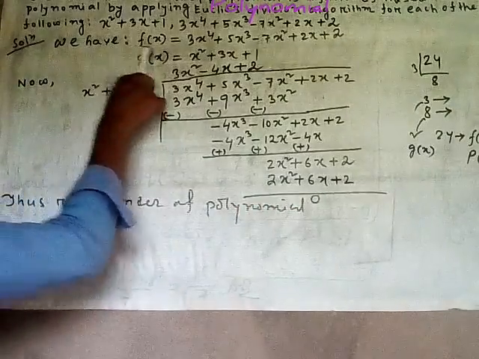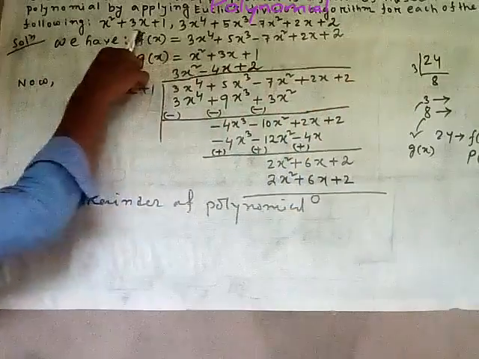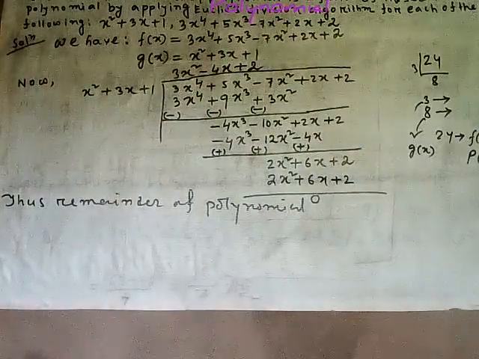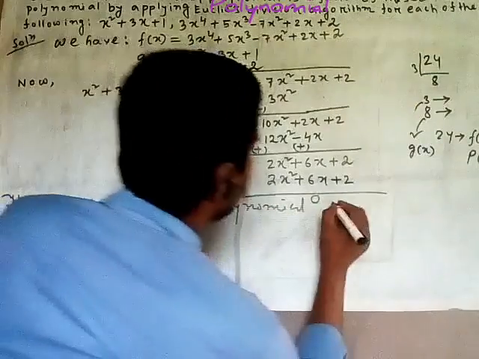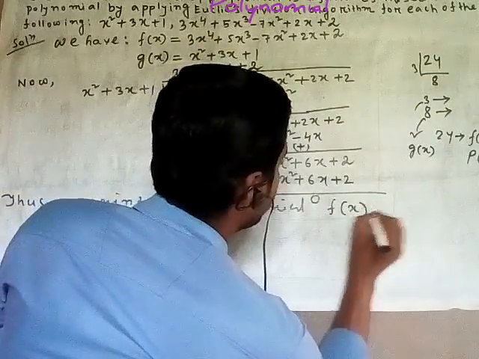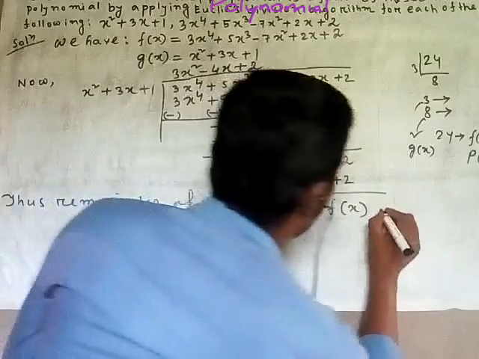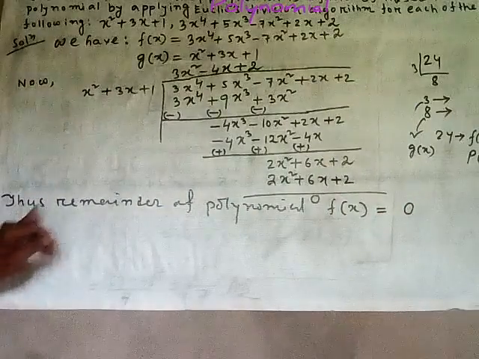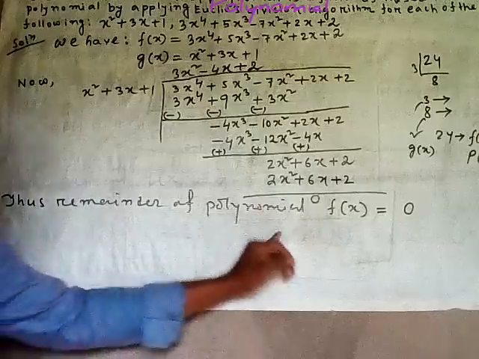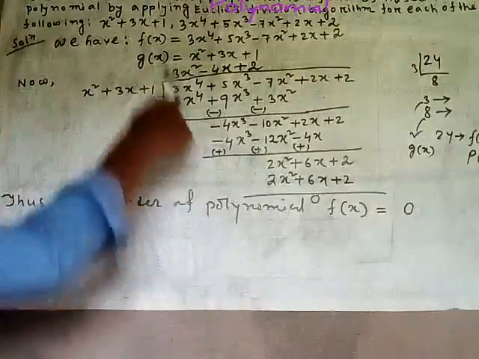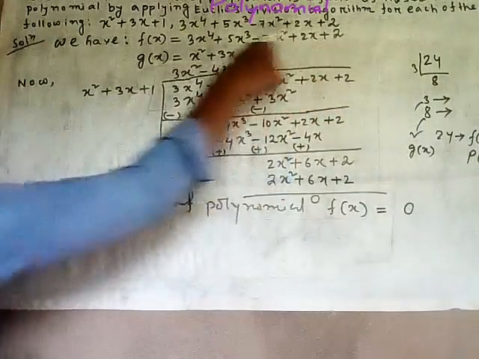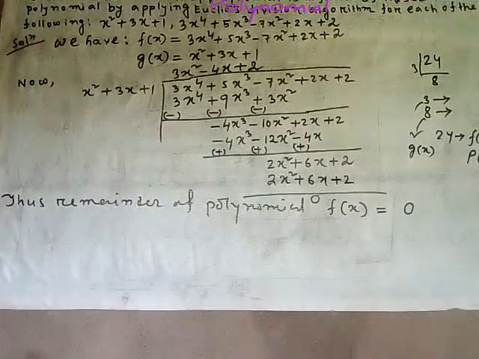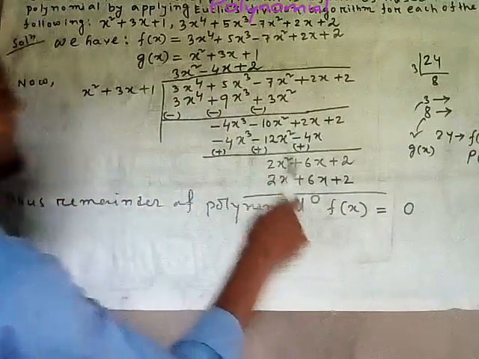What was the polynomial? This was the f(x). f(x) means this was the dividend. This was the second polynomial. So polynomial f(x) equal to, what is the result you got? Remainder 0. So thus remainder of polynomial f(x) equals 0. So this is the f(x). After division you are getting result 0. It means you are getting remainder 0.